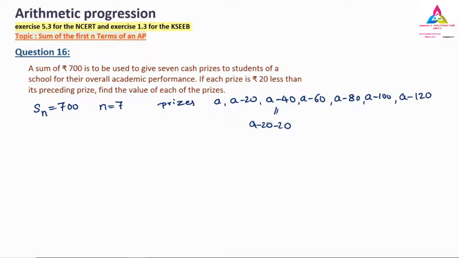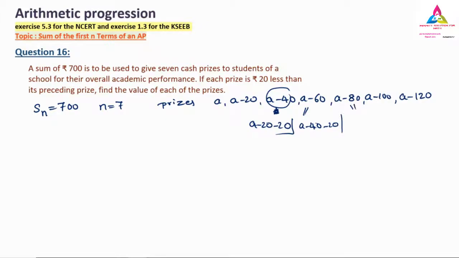Both have the negative symbol, both are the same symbol, so we have to add. So 20 plus 20 is 40. Then again for this prize, that is A minus 40, we have to minus again 20. So A is as it is, minus minus, so minus only. So 40 and 20 both have the same symbol, that is negative. So 40 plus 20 is 60.